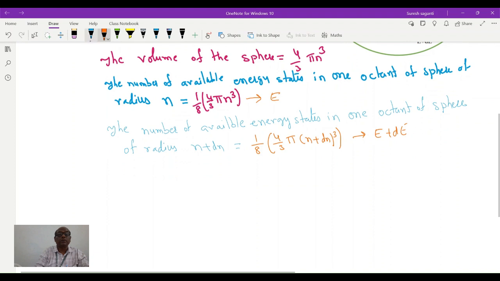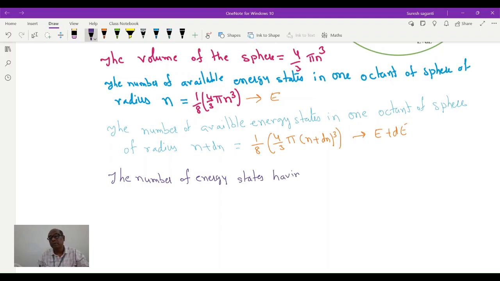So let us try to find out the number of energy states having energy between E and E plus dE. So how many number of energy states are there?